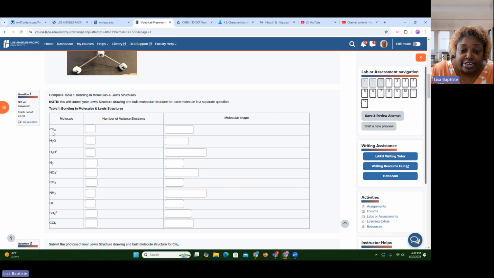Hydrogen, like I said before, is in group 1. It has 1 valence electron, and there are 4 of them. So 4 times 1 is 4, plus the 4 from carbon, and so you would put an 8 here for the number of valence electrons. Okay, that's the total valence electrons.